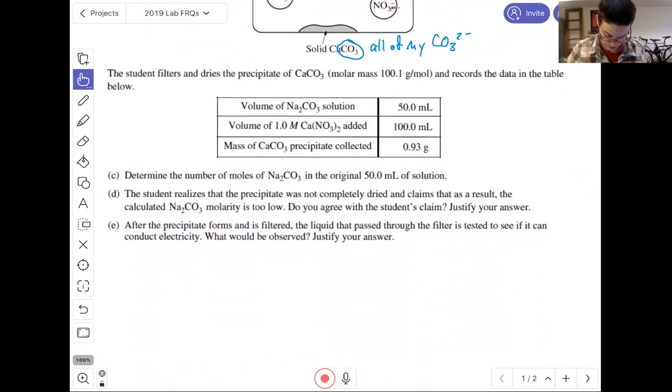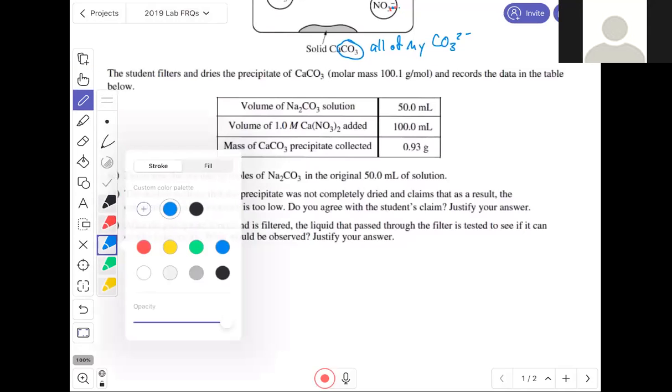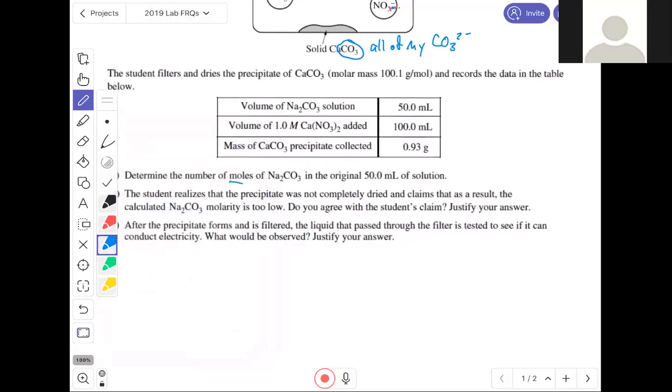What number do you start with there? You start with the volume.